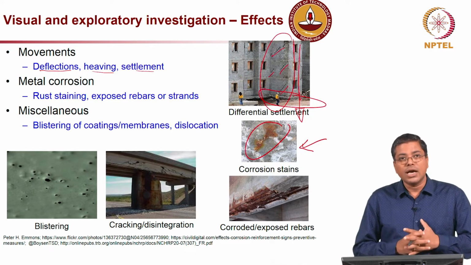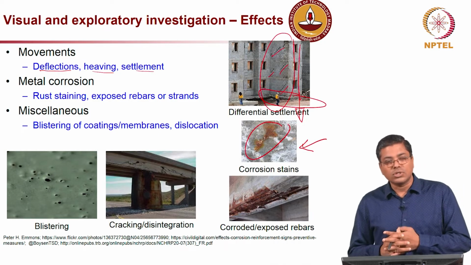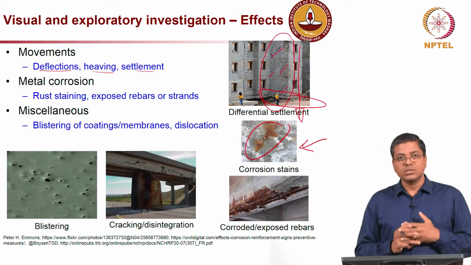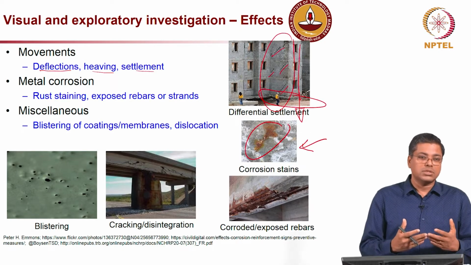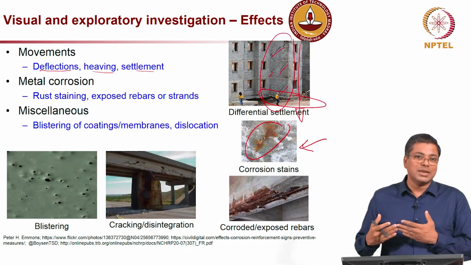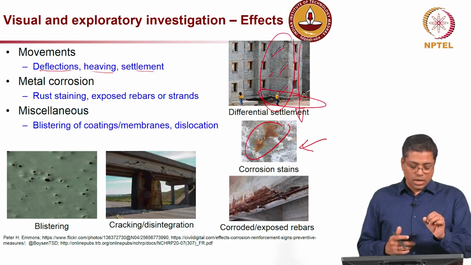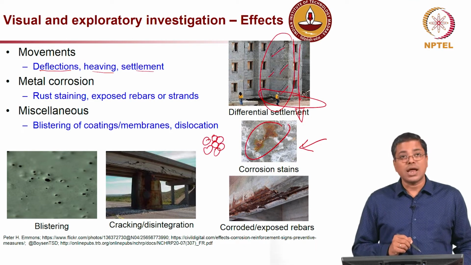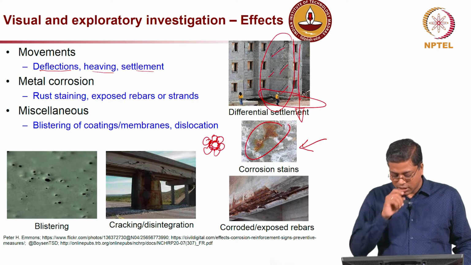The idea of looking at rust stain as an indicator for corrosion is not really good for pre-tensioned concrete structures, because by the time the rust stains from the strand corrosion reach the concrete surface, it will be too late, because as we discussed already, the 7 wires which are there in a strand have space in between the 7 wires.